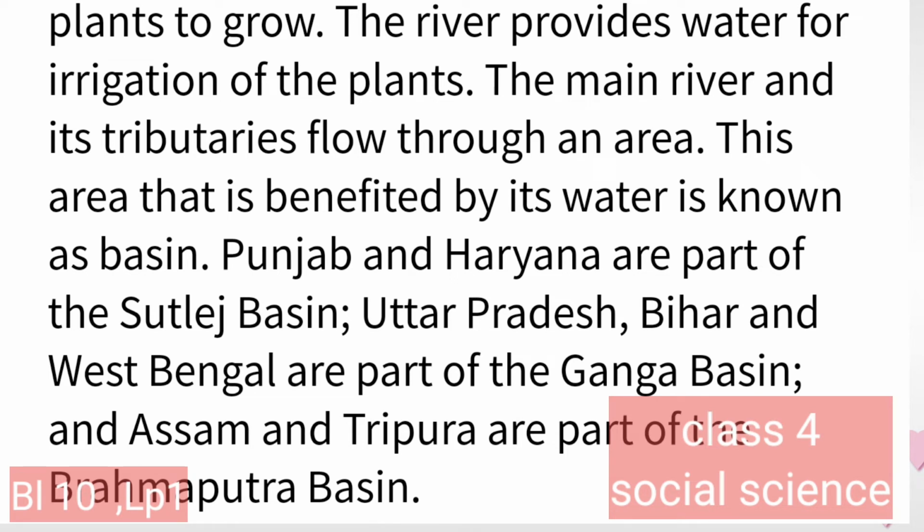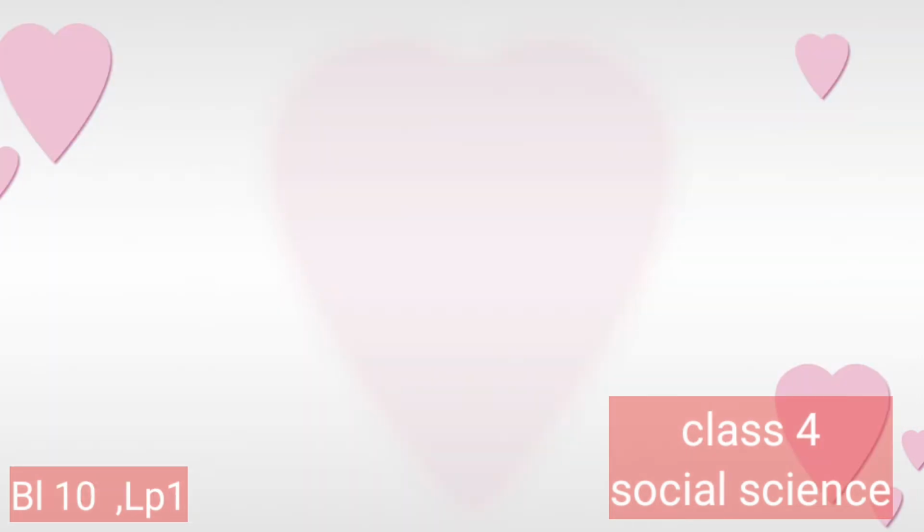The main river and its tributaries flow through an area. This area that is benefited by its water is known as basin. Let us discuss which are the important states which come under each river basin.